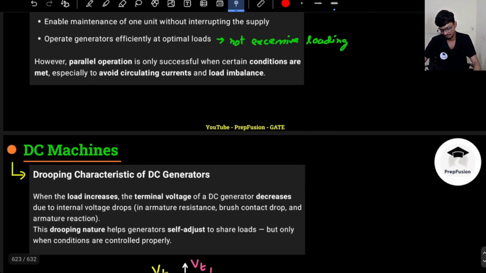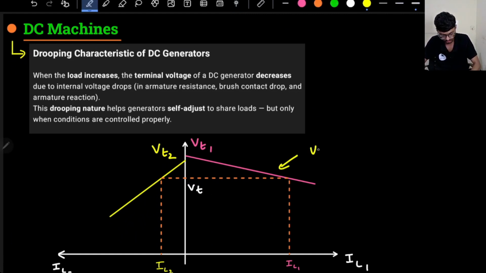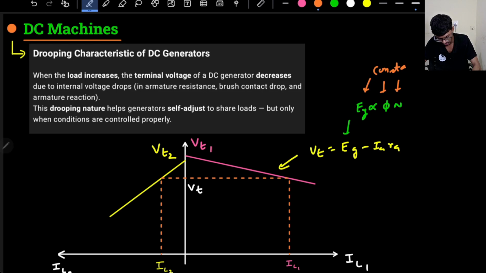First of all, we have to discuss what I mean by drooping characteristics. We know for a DC shunt generator that the terminal voltage Vt equals Eg minus Ia Ra, and Eg is assumed to be constant if flux and speed are both constant.